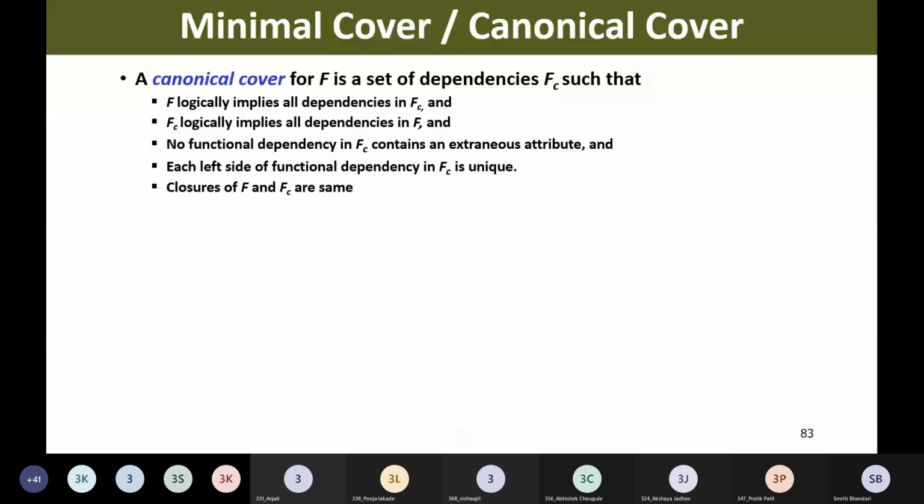If all this is true, then we say that Fc is the canonical cover for the set of functional dependencies F.